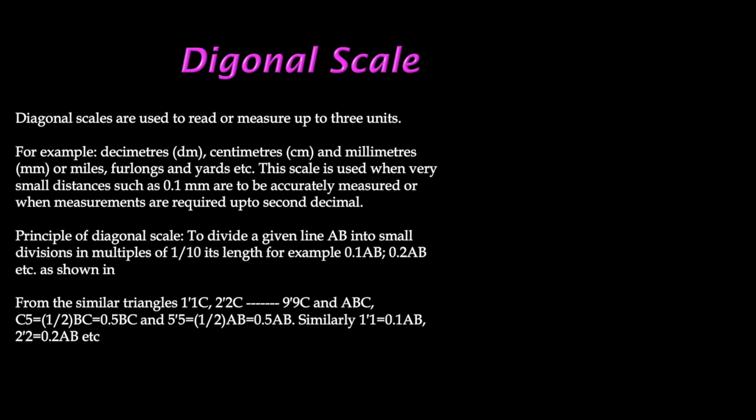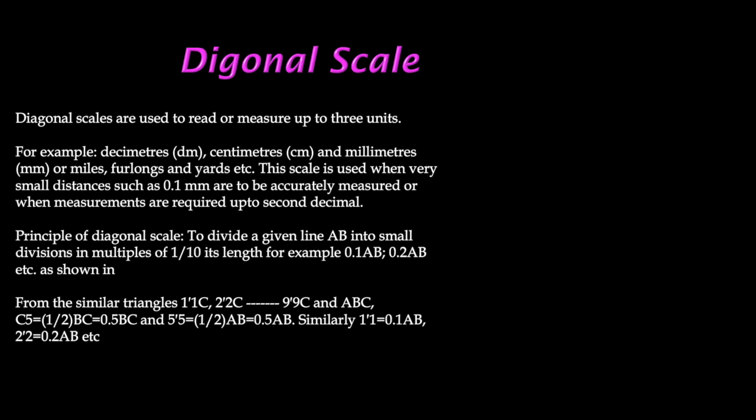Three different measurements of line segments means the line segments will show decimeter, centimeter and millimeter, or yard, feet and inch, and so on, kilometer, hectometer, decameter. So if we need to show these three levels of dimension in a scale, then we use a diagonal scale.